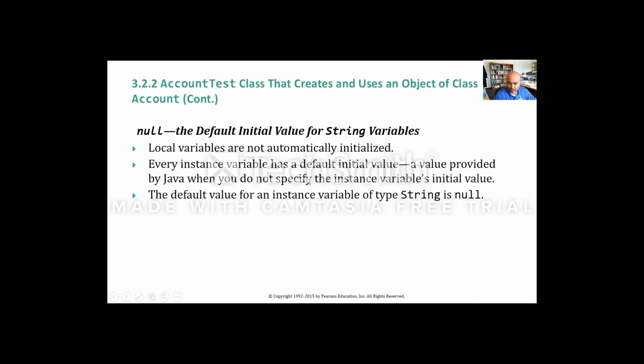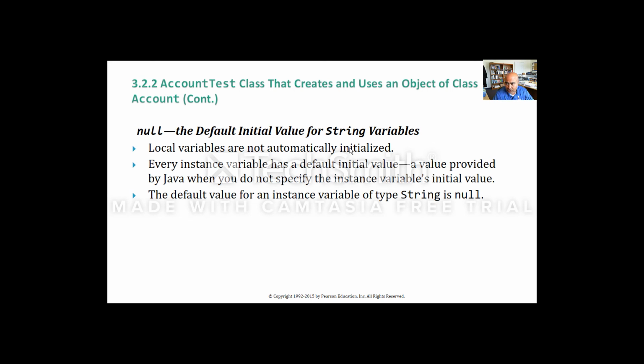Some of the default values. When we define our data types, be it an integer, be it a double, be it a string, if I don't assign any value, they would have some basic default values. When we define our string variables, null is basically our default value. So if I do not assign any value to it, then by default it gets null.